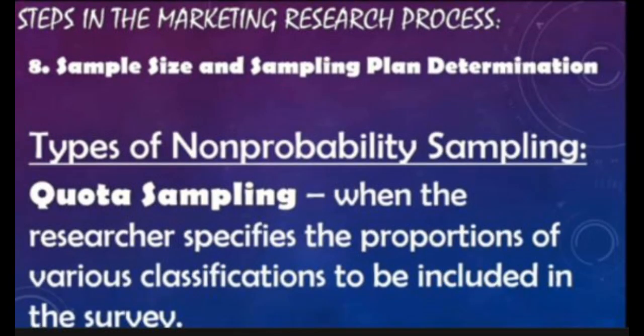So the last one is the quota sampling. Quota sampling is when the researcher specifies the proportion of various classifications to be included in the survey. So let's say, for example, the researcher wants to study the career goals of female and male employees in an organization.